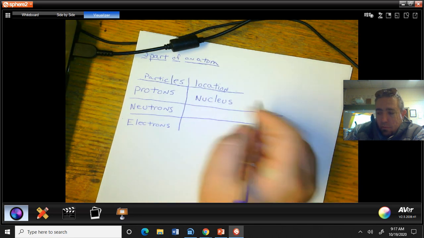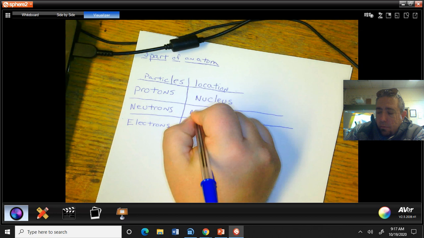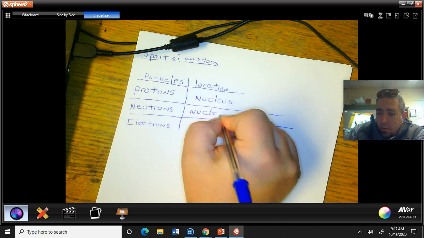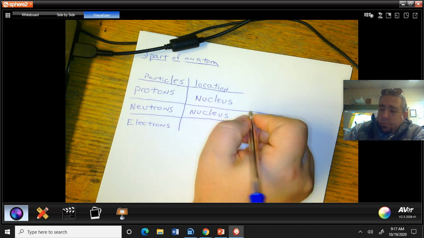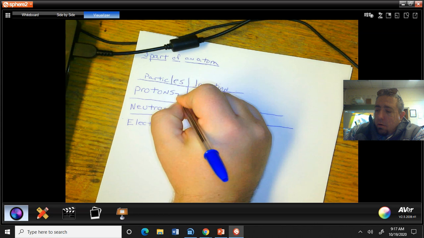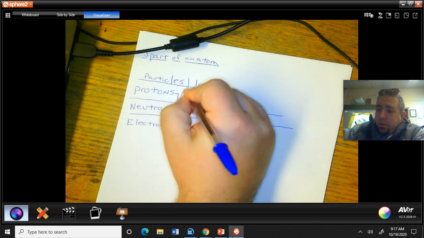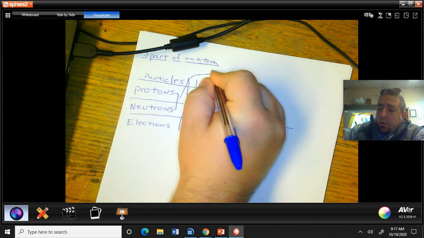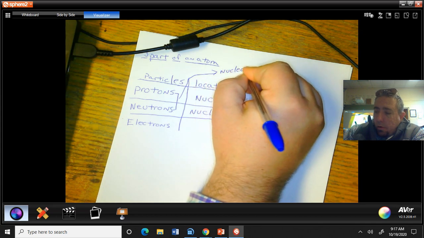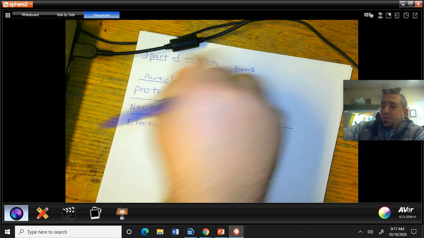Also, yes, in the nucleus. Sometimes you will hear these two used together in a term called nucleons. It's not used very often, but just in case.